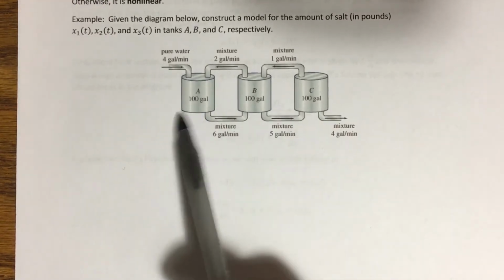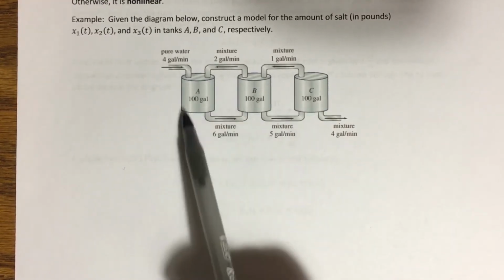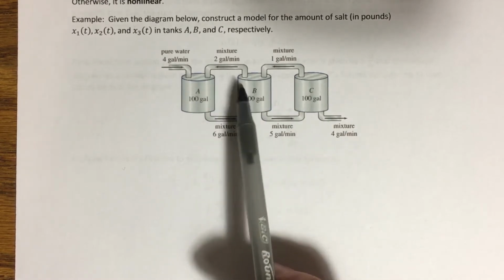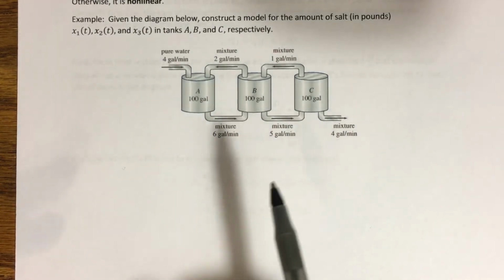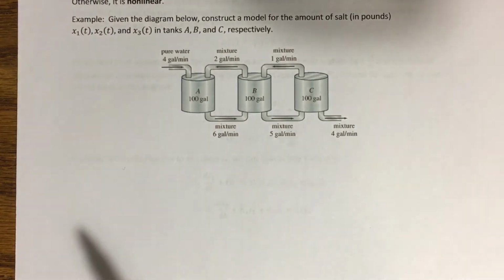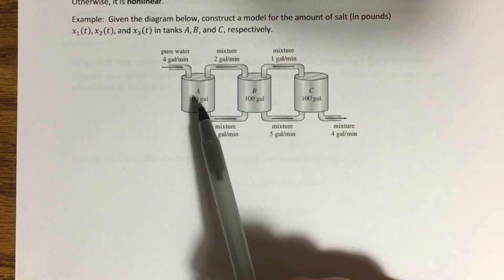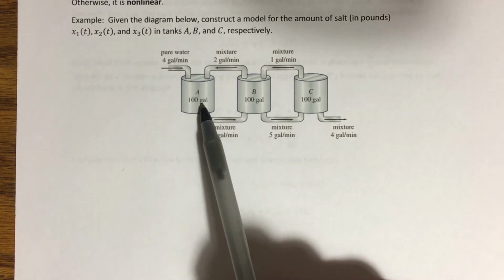But according to our analysis here, the actual volume of solution in each of these 3 tanks is constant. The concentration of salt, however, will be changing. Okay, so that's important.